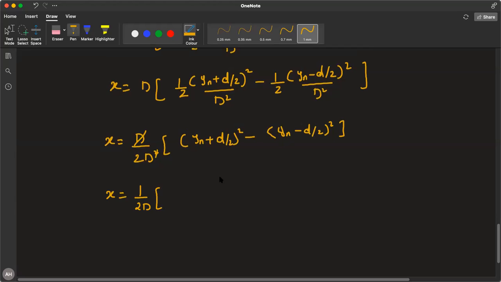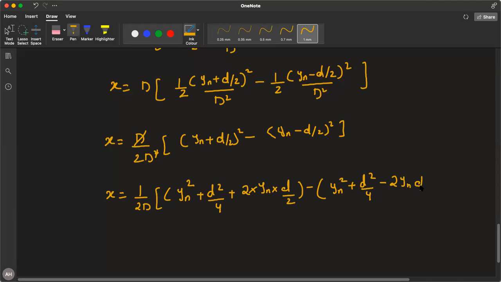It's a square minus b square, so just open the whole square. So it's Yn square plus d square by 4 plus 2 into Yn into d by 2, minus, similarly opening this whole square, Yn square plus d square by 4 minus twice Yn into d by 2.